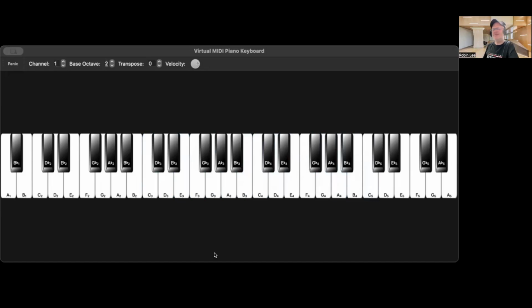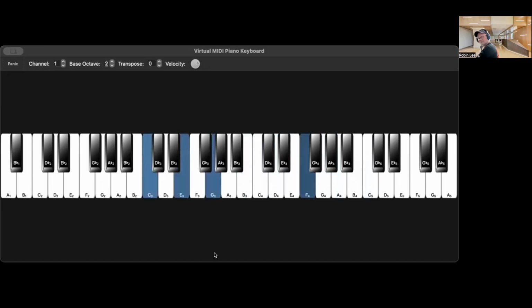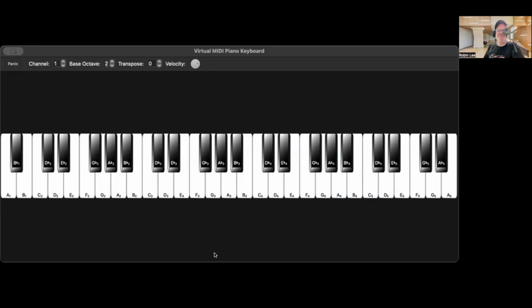Where does it want to resolve? Yeah, it wants to resolve to the G. What about a note like F? It wants to resolve to the E. Perhaps it could resolve to the G. Could.